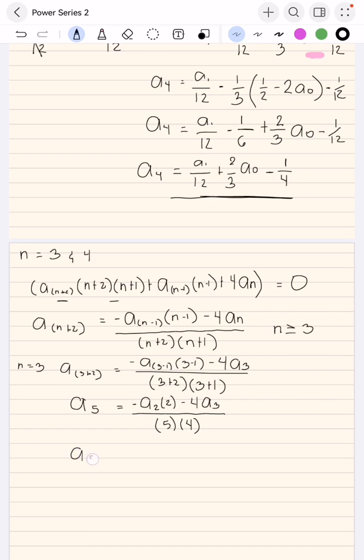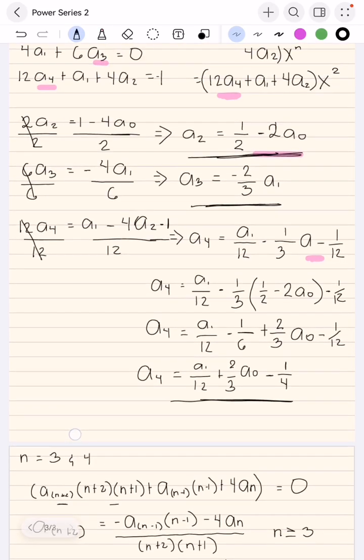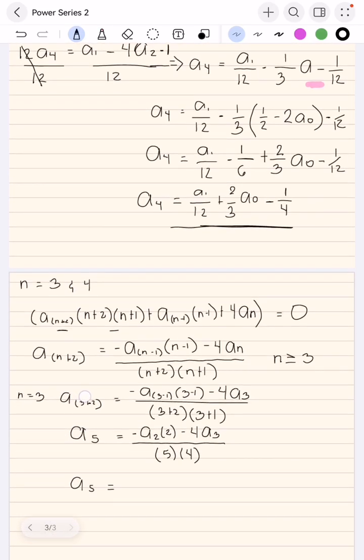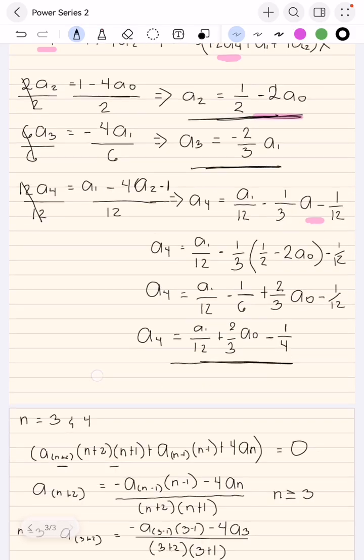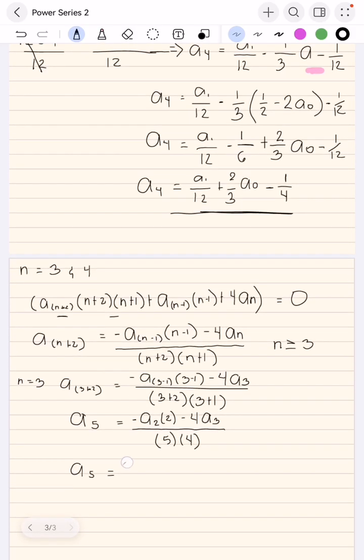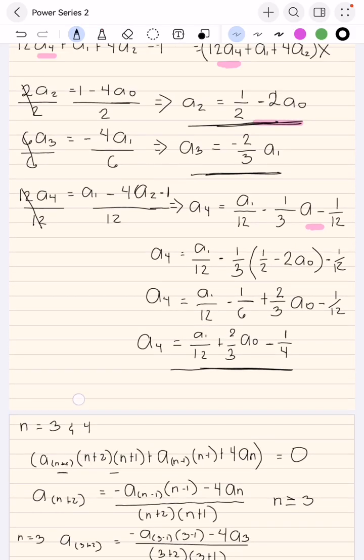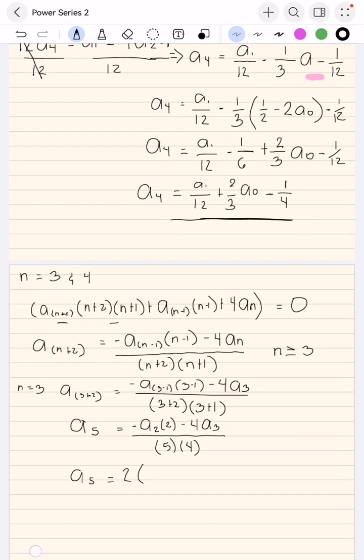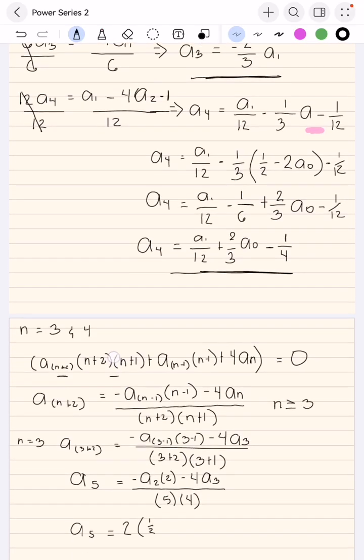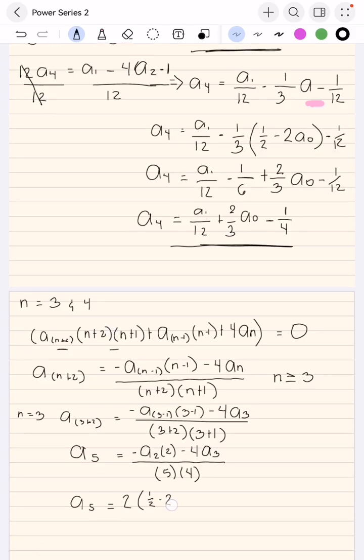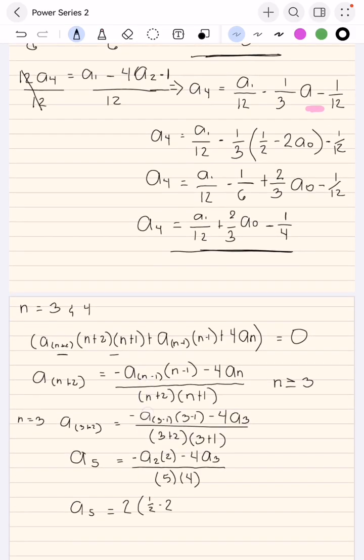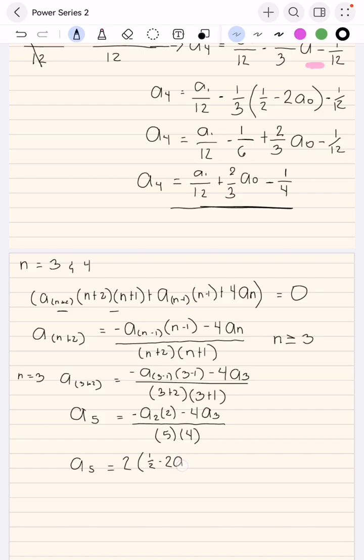So a5 is equals to, so our a2 is 2 times 1/2 minus 2 a0 minus 4.